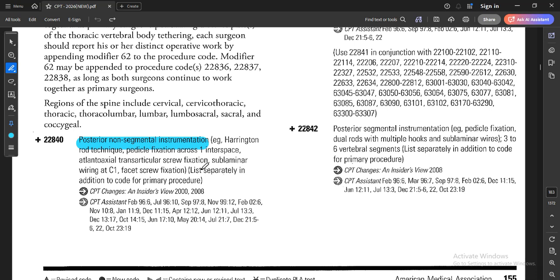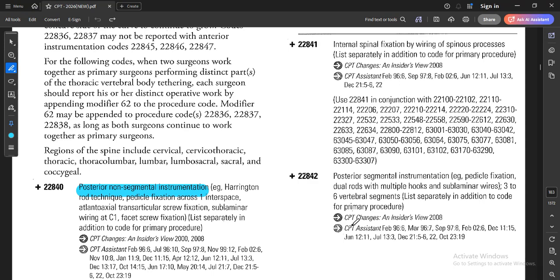If you see these in the operative report, you need to use 22840. Try to remember that all these vertebral segment instrumentation codes are add-on codes. You can't use these codes alone, only along with arthrodesis.